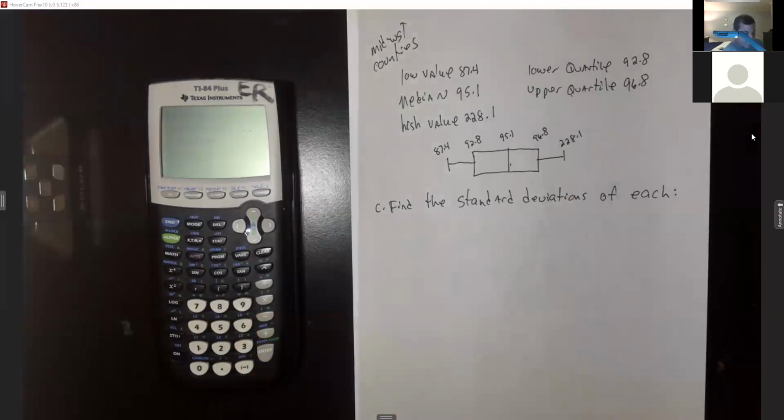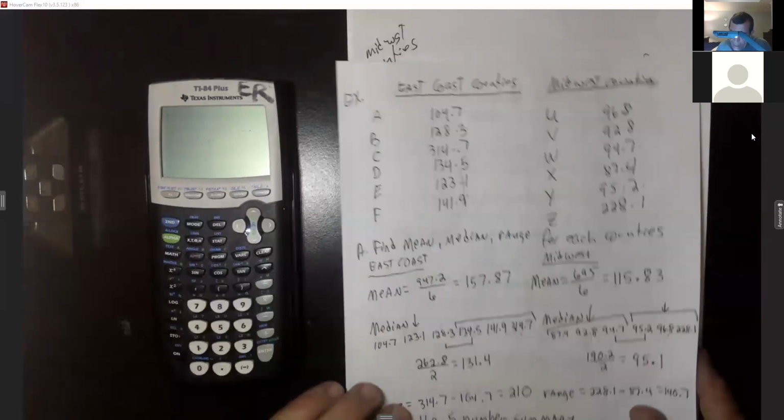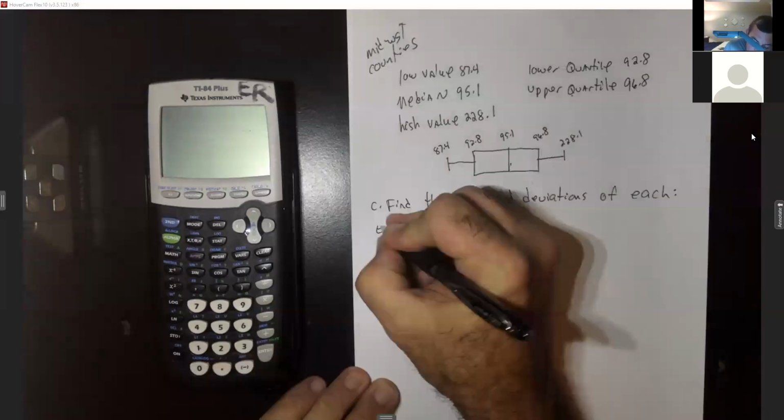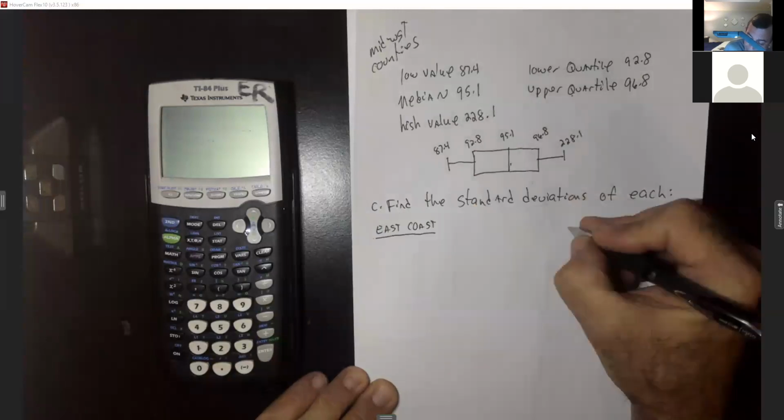And then that looks like the last thing they want us to do, which is find the standard deviations of each. So, let me get my data back out here. We already know the mean. We're going to do East Coast right here, and then Midwest.